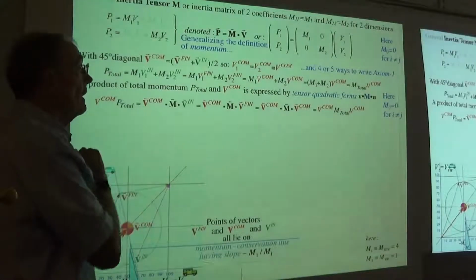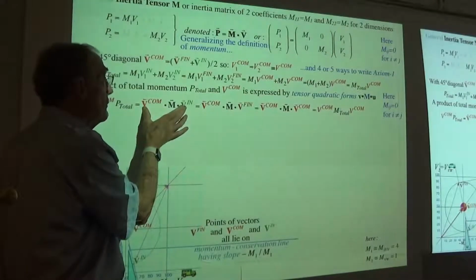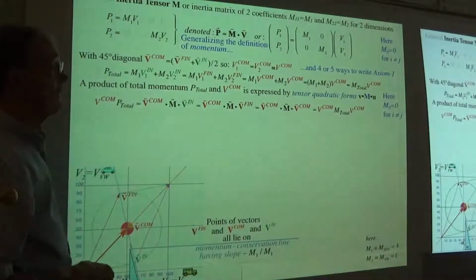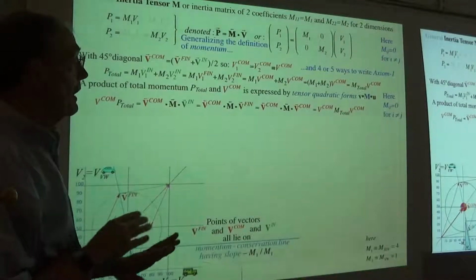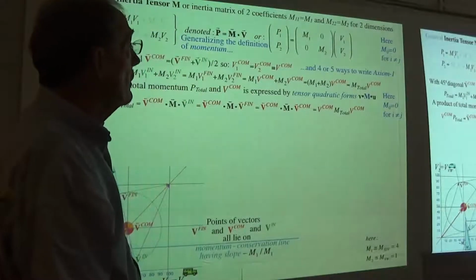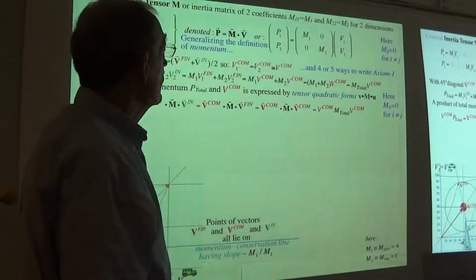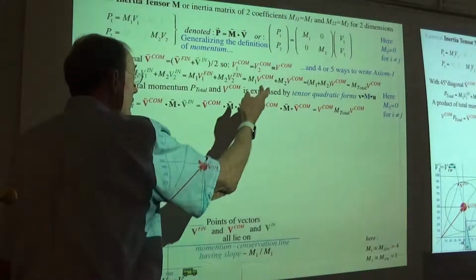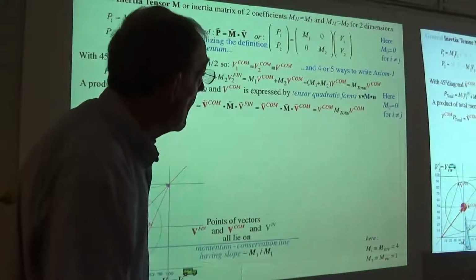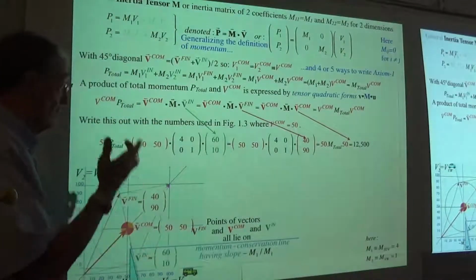But writing a thing as a quadratic form is really key to this. So this will be our first look at something we'll use throughout the course, and that's the quadratic form, in which two vectors give a number, and involved in that is a matrix, which for us is diagonal, but later on not necessarily so. So these are the numerical details that go with this.